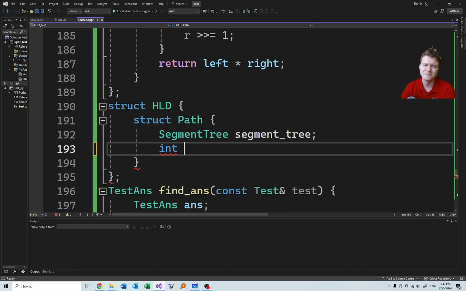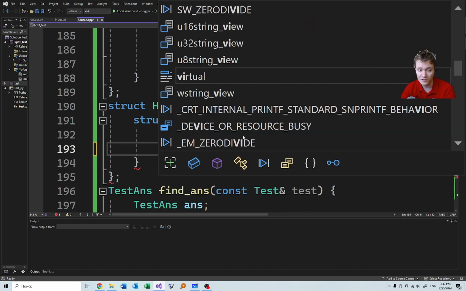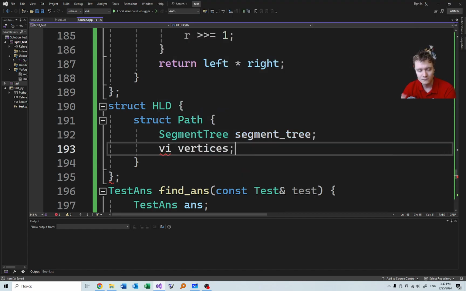Well, I think we can just store all the vertices. Let's just store all vertices of the path.